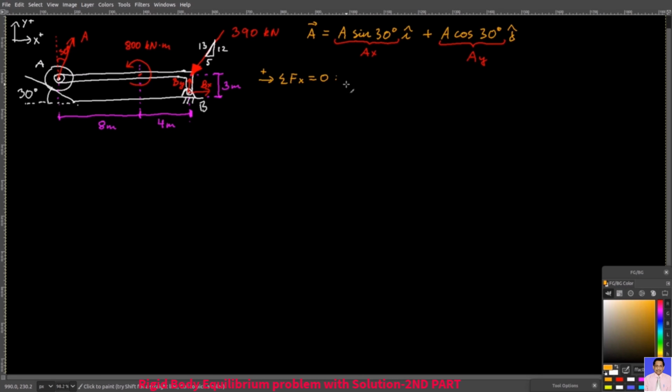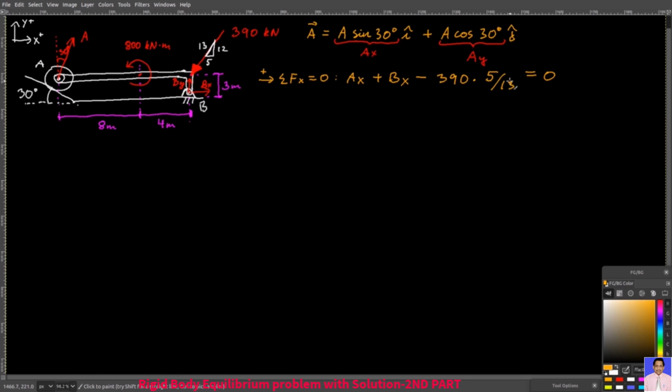So this is forces in the x direction. You have the x component of the A vector, Bx, and then minus 390 times 5/13. And that must be 0. So this final term, that's the x component of this 390 kilonewton force.